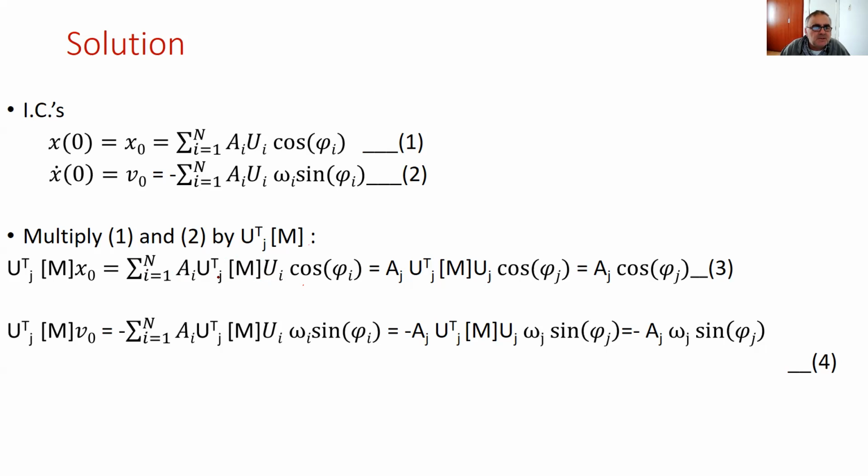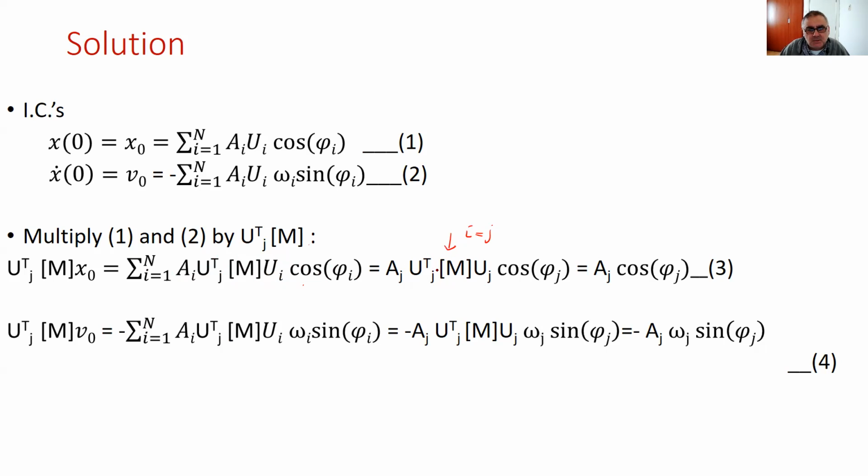So except for the case when i equals j, this is the case for i equals j, these terms will all be 0 because these terms are all 0 to begin with, as we know from our previous lectures.